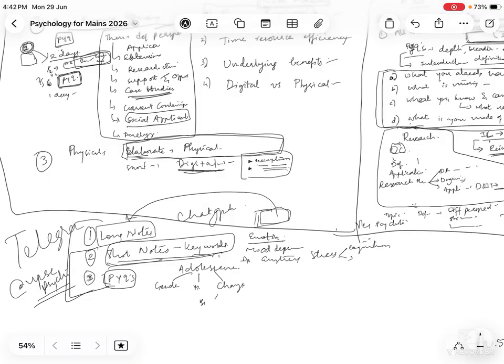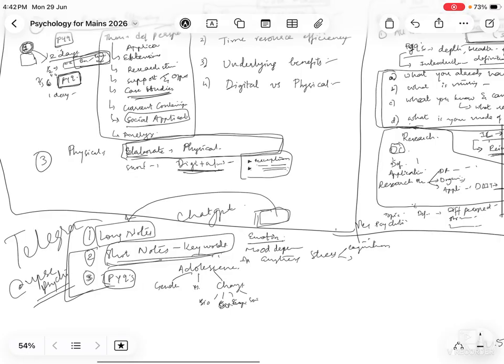It has dimensions: biological, psychological, emotional. Psychological के अंदर ही आते हैं emotional, cognitive and social, socio-psychological. So ऐसे dimensions बना के, this is how I have made PYQs notes.